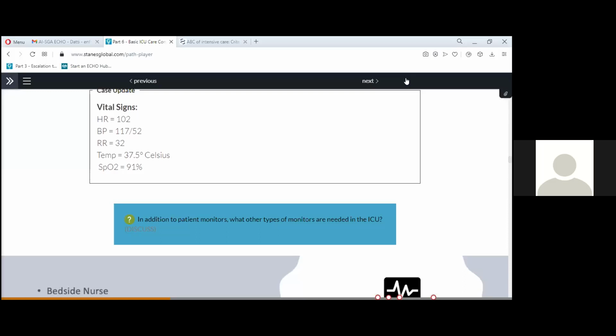ABG. So I think with this question, we're not looking particularly at this patient who is a patient under investigation for COVID. We're just talking about ICUs, what other types of monitors?